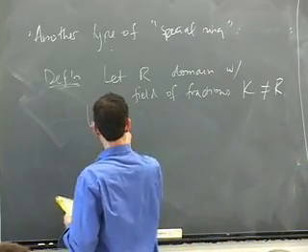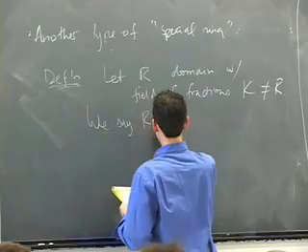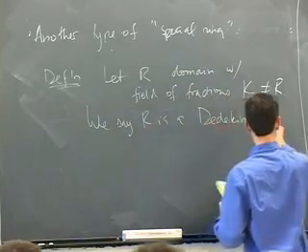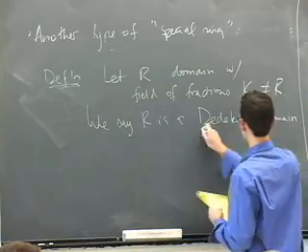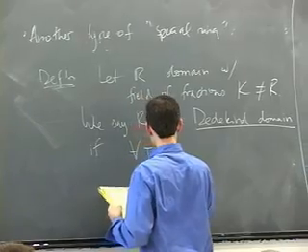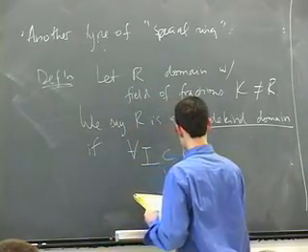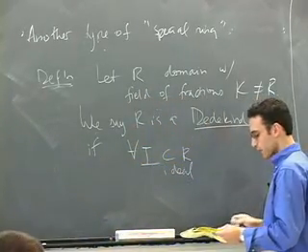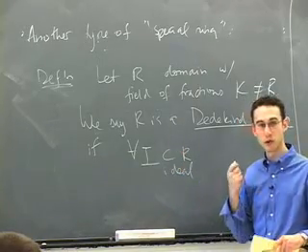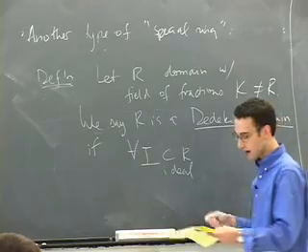Then we say R is a Dedekind domain if for every ideal there's some other ideal which when you multiply by this ideal gives you a principal ideal. This is the key definition.